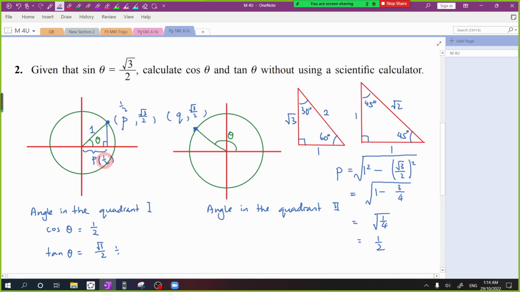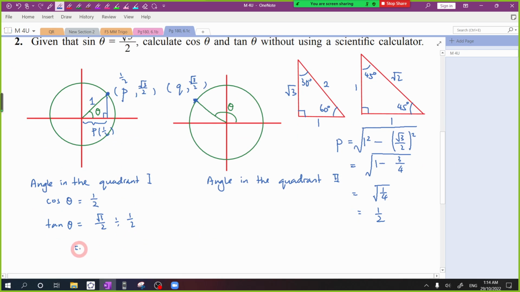Square root of 3 over 2 divided by 1 over 2, we change divide to multiply, then interchange the numerator and denominator. 2 goes up, 1 goes down. Simplify it, you will get square root 3.